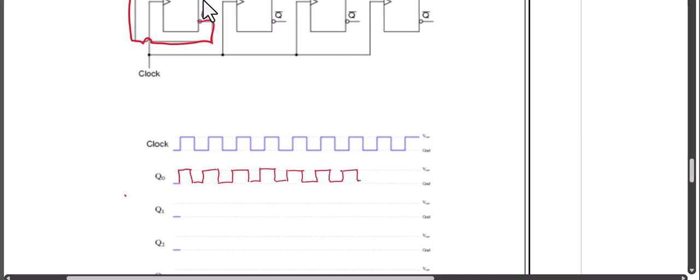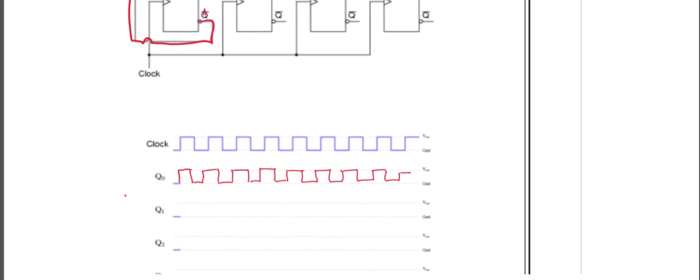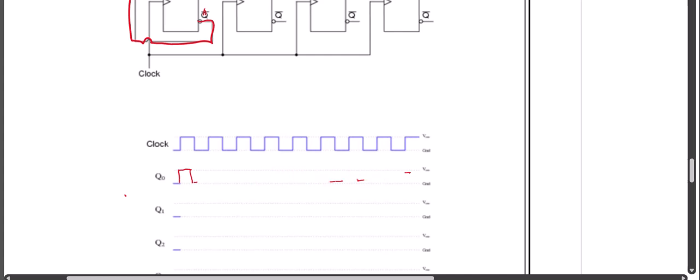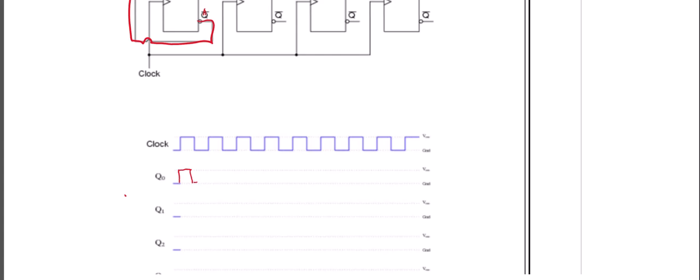How are you knowing the values? Does that only change on the positive edge first or not? Oh yeah, so I did that wrong. Thank you.